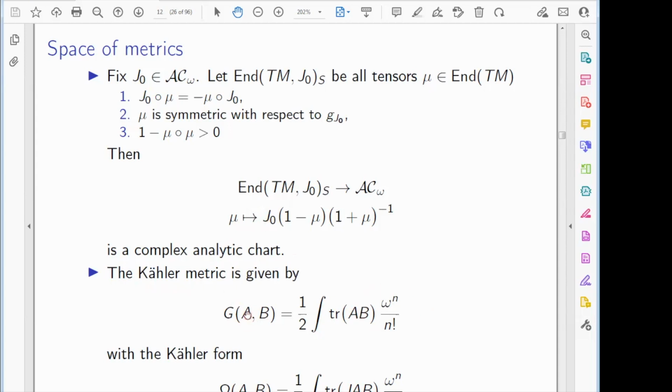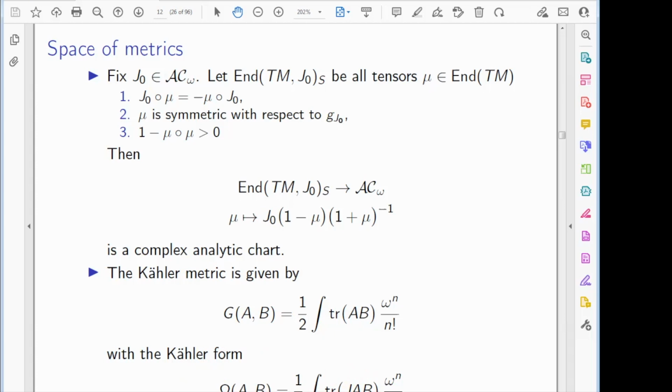And so A and B are tangent vectors. So those are tensors. So it affects the almost complex structure. They're tensors. And so you get a metric by taking the multiplication and the trace. And then there's a Kähler form associated to it.